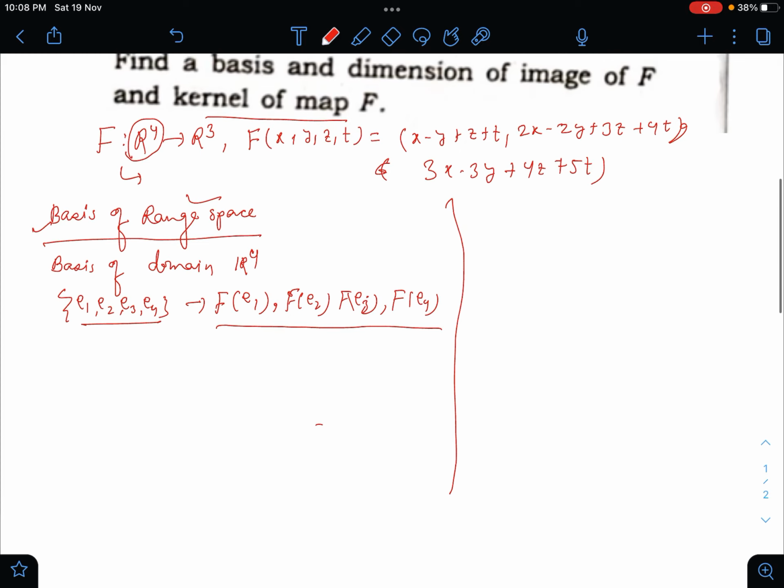So let us write image of e1, e2, e3 and e4.